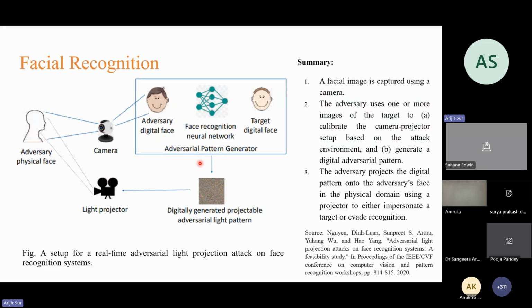We can see how facial recognition is altered by adversarial, digitally generated, projectable adversarial light patterns. It's a very important paper, so I'm not going into it. Some sort of adversarial light pattern is injected through a light projector, so that it basically gives the wrong result.